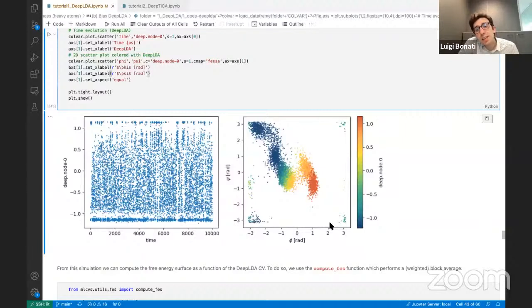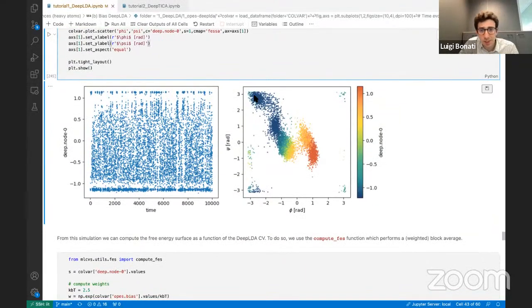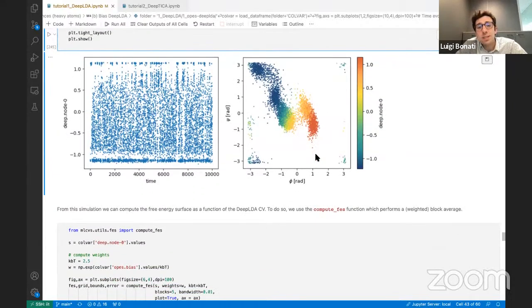On the right, what we see is just the points explored during the simulation in the Ramachandran plot, from which we see that we have state A and state B, and of course we are driving this.